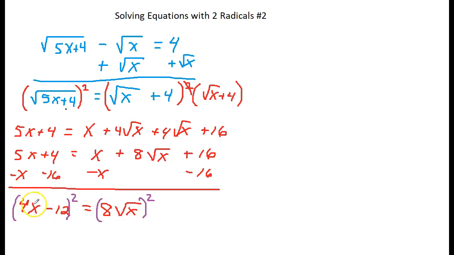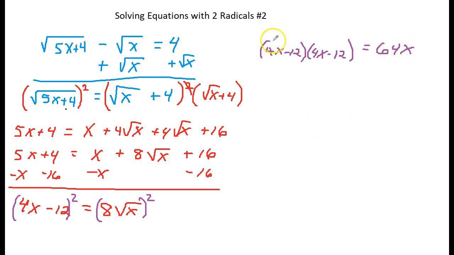If you need to, we'll write this one out twice. So what that means is we have 4x minus 12 times 4x minus 12 equals 8 squared is 64, and when I square the square root of x, I get x.